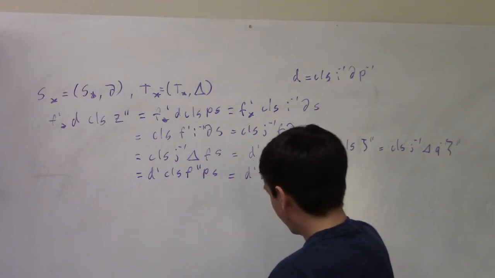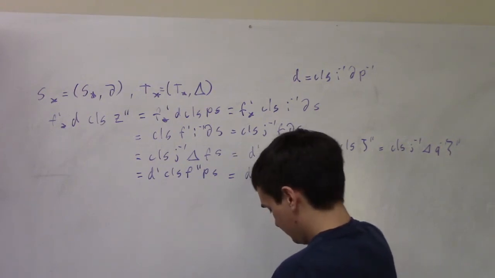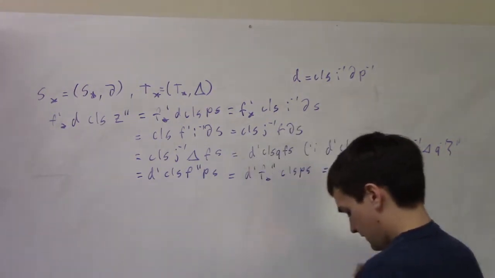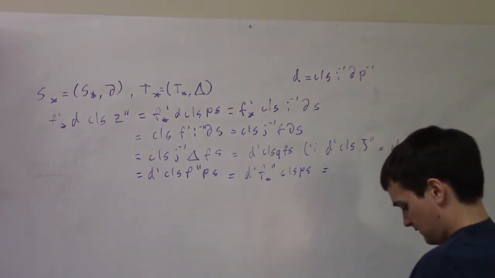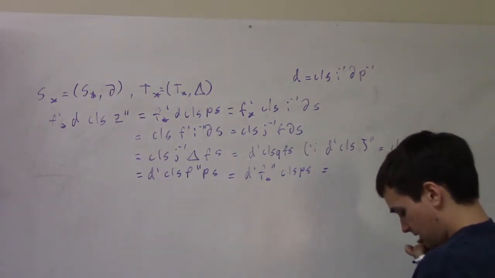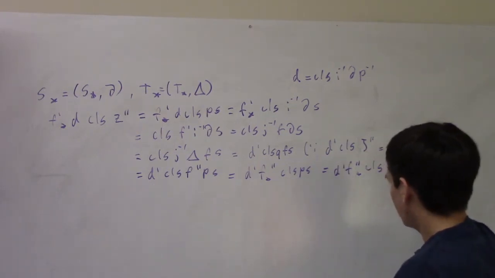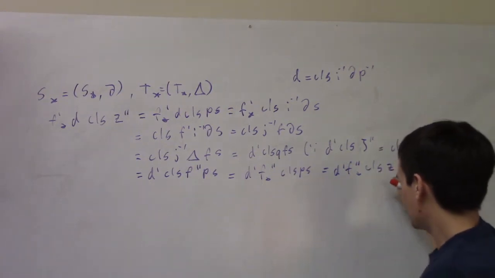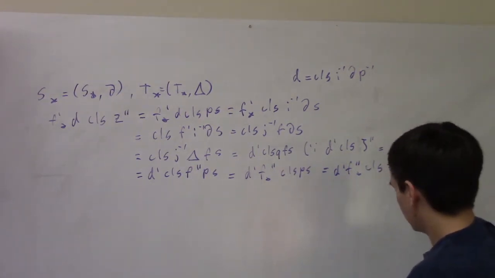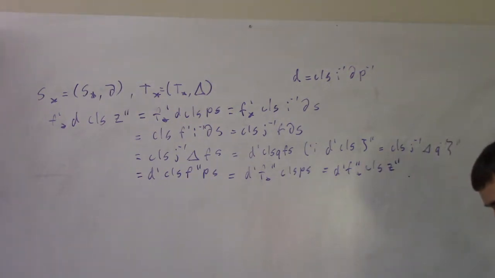This is just by the definition of the induced map. And then the last step, that's equal to d prime f prime prime of the class of p s, because these are equal. Crazy. So, what does that show us?